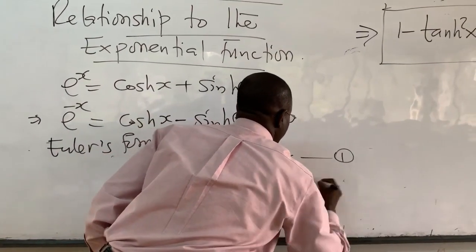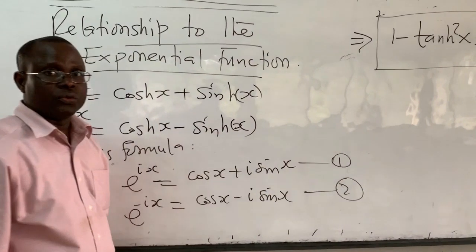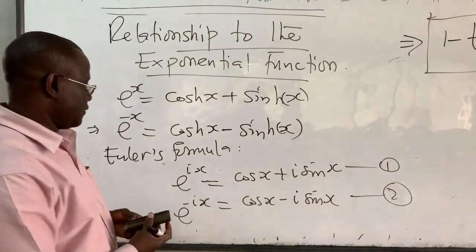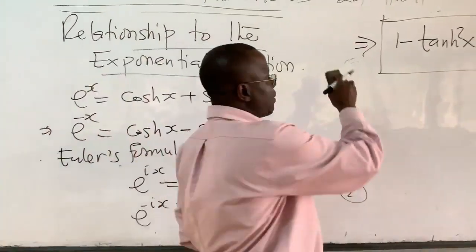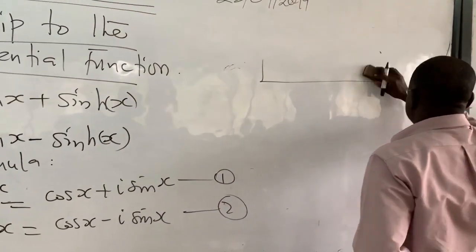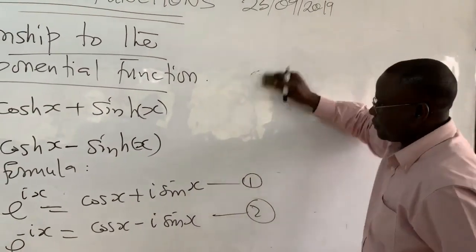You can call this equation 1, you can call this equation 2. Okay. So we see how the hyperbolic functions are related to the trigonometric functions.